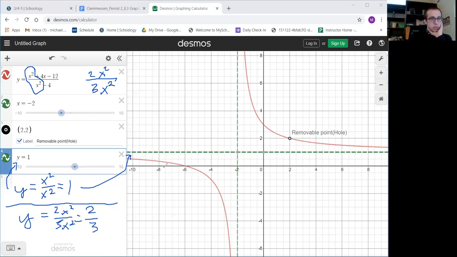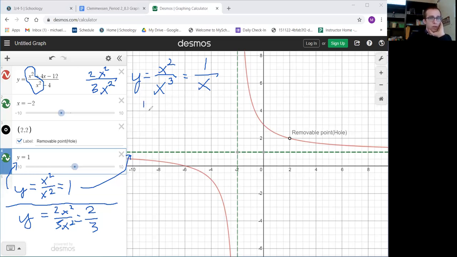Now there's two other options that can happen. The other one is if they aren't equal. Let's say that the denominator is bigger than the numerator. So I have x squared over x cubed. Whenever we have this and we simplify, we'll get 1 over x. And how this is going to work is that we have to think about x going up to infinity.